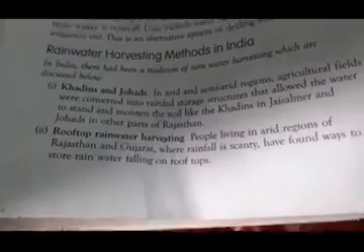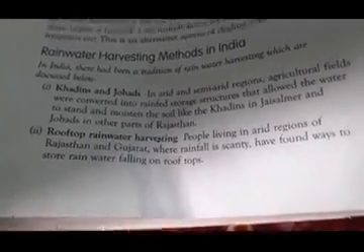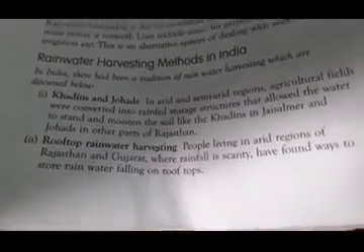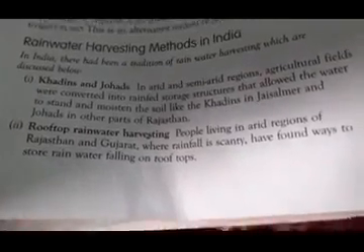People living in the arid regions of Rajasthan and Gujarat, where rainfall is scanty, have found ways to store rainwater falling on the rooftop. In this region, people usually make water reservoirs and water tanks on the roofs of the houses, and they store water during the rainy season in these tanks and reservoirs for future use.